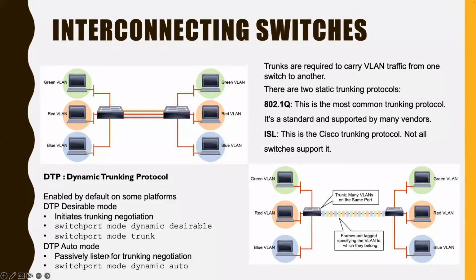On the other side, if it has been configured as auto mode, it is passively listening. So if one side is actively initiating the DTP negotiation and the other side is in auto mode, passively listening, they will form a trunk. But if both are passively listening, in that scenario, trunking will not be formed.